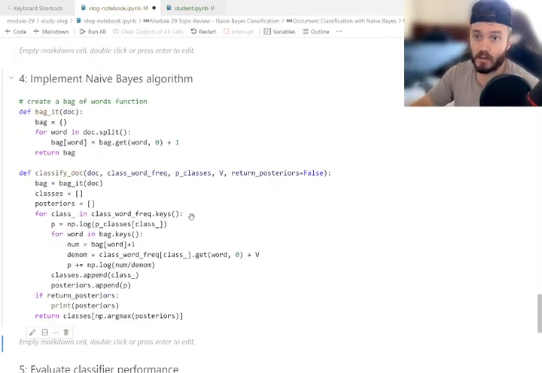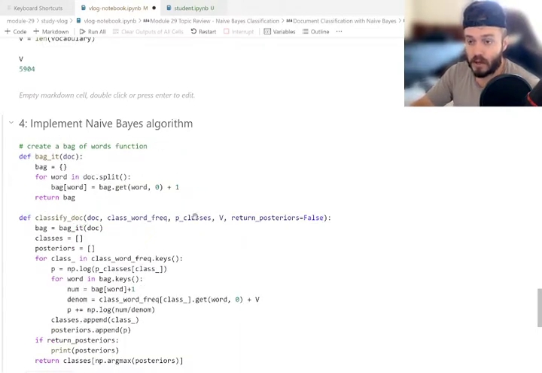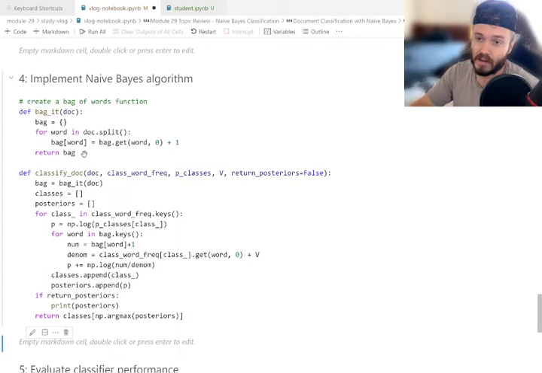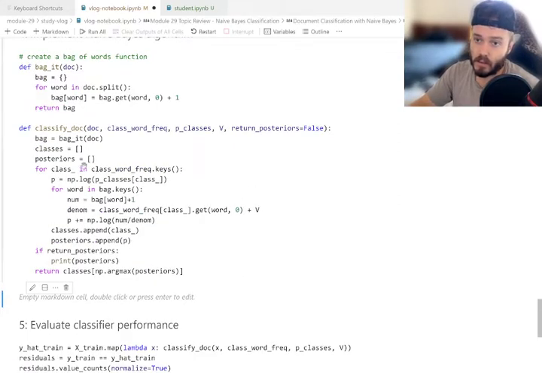I'm definitely not going to go through this line by line. That would take way too long. But basically, we have a function here called bag of words, which takes in a document, and for this particular occasion, I think it was paragraphs of text. It gives you the bag of words for that document, which is the unique words in that document, and that's called within this classify document function.